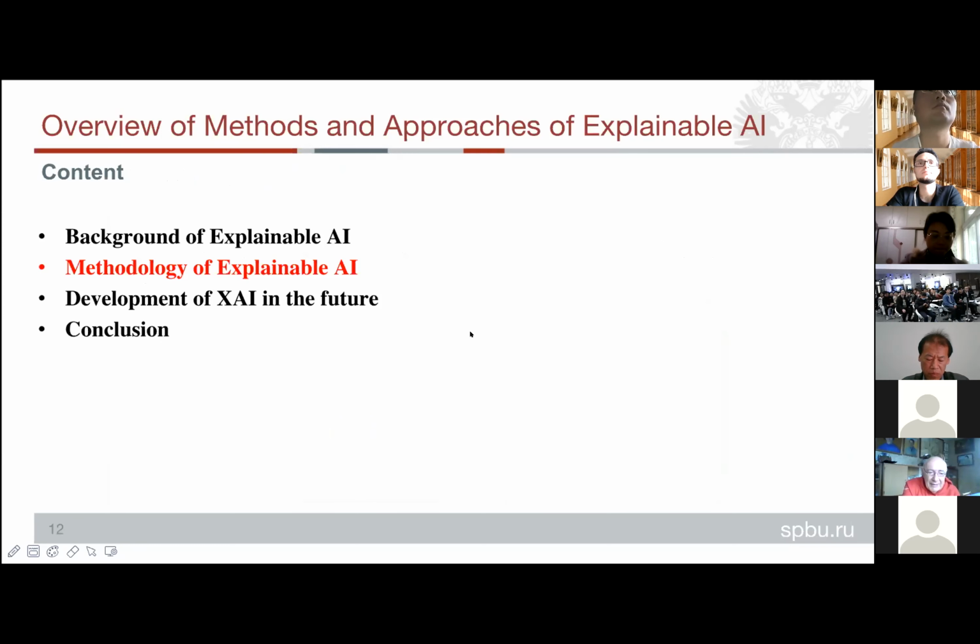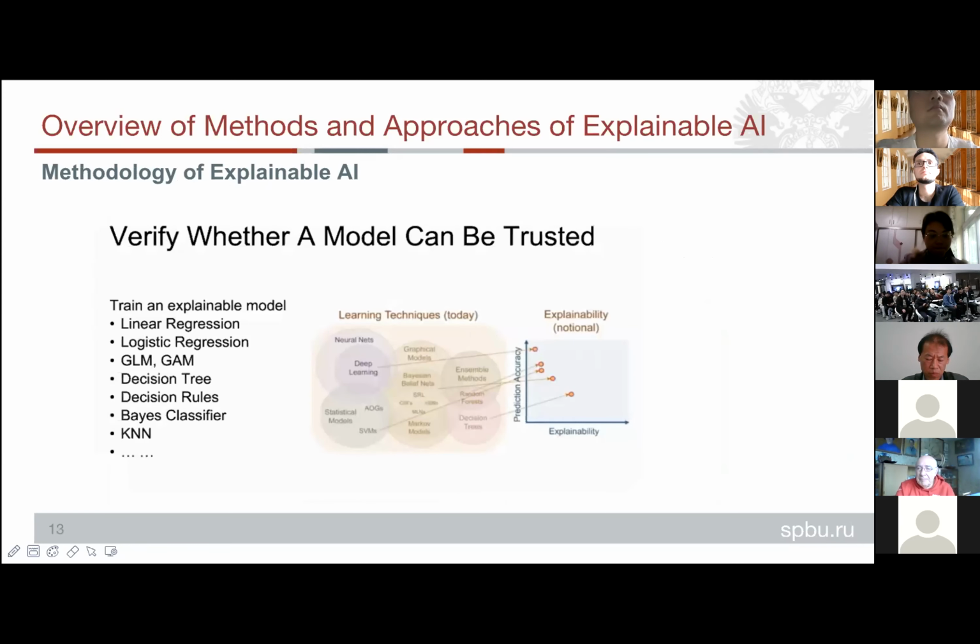Next is the methodology of explainable AI. There is a natural contradiction in the research field of explainable AI. The stronger the explainability of the model, the lower its prediction accuracy, such as the decision tree model. On the contrary, a deep learning model has strong prediction accuracy, but it's difficult to explain by itself.